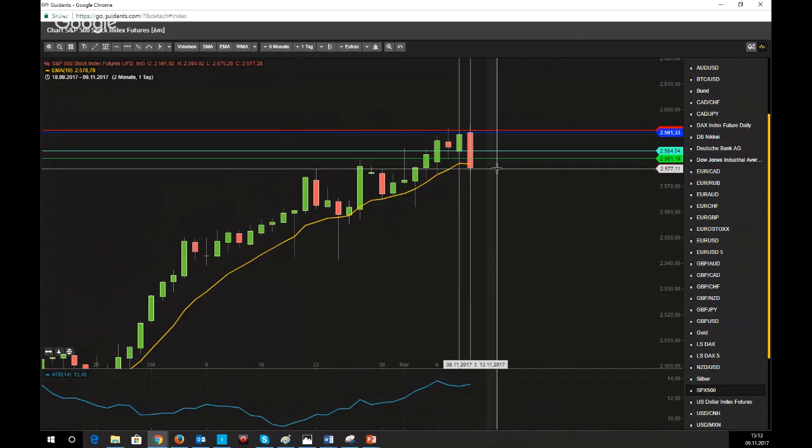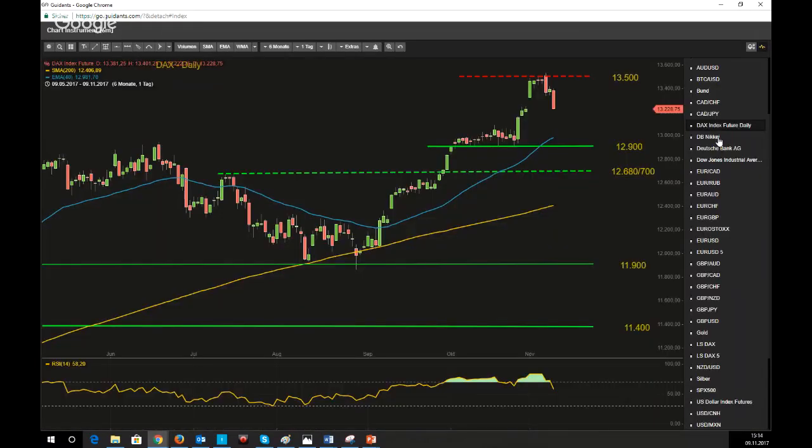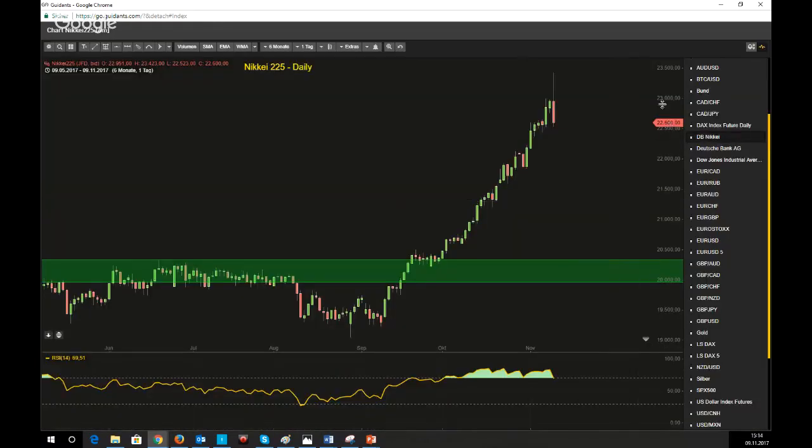This is 14 points. And if you calculate the current drop we've seen, we're only talking about a 0.5% move. It's nothing. But look at what happened in the Dow Jones. Look at how much pressure and volatility we were already confronted with in the morning.